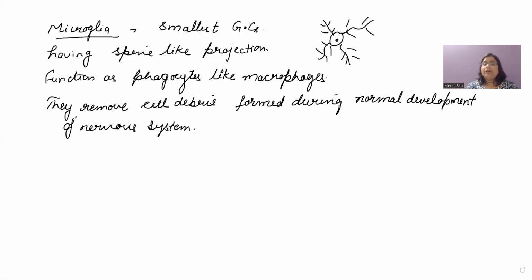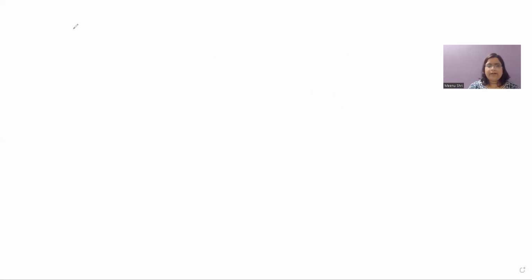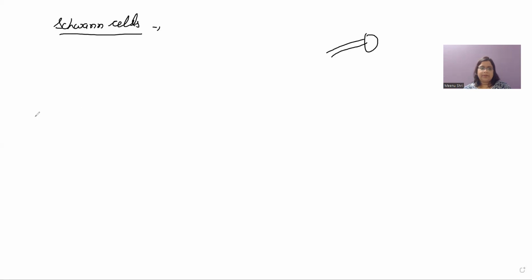Now come to the next two cells present in the PNS, the peripheral nervous system. So I'm adding the new slide. Take the screenshot. Now here, the first cell present there is the Schwann cells.